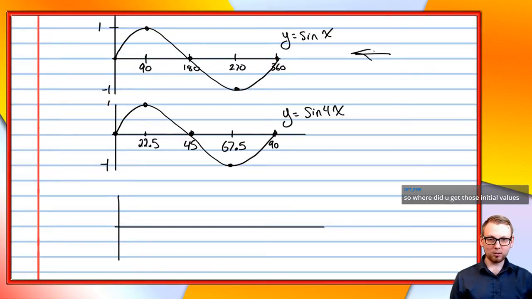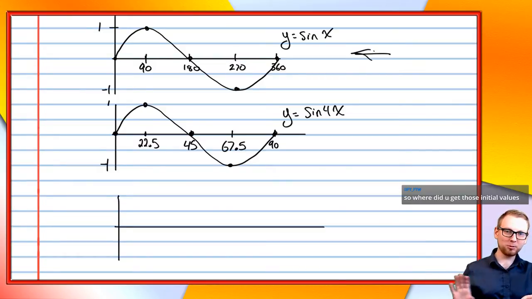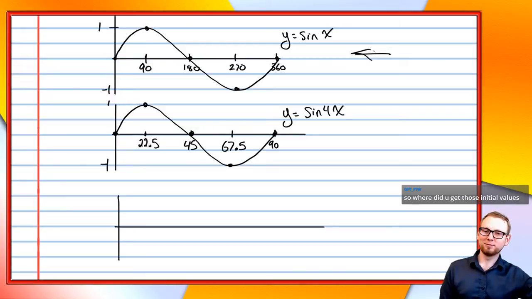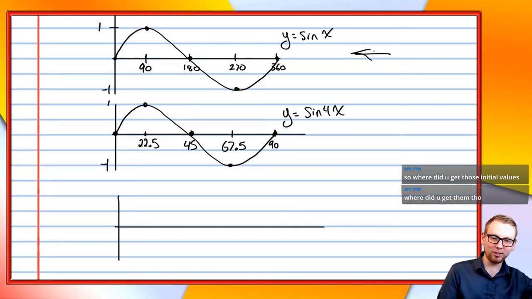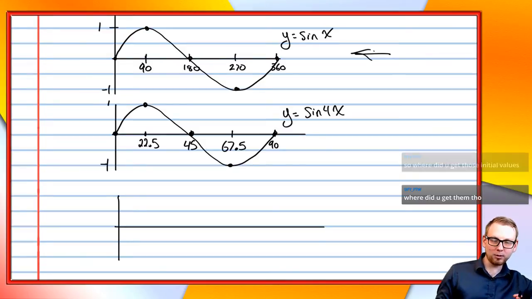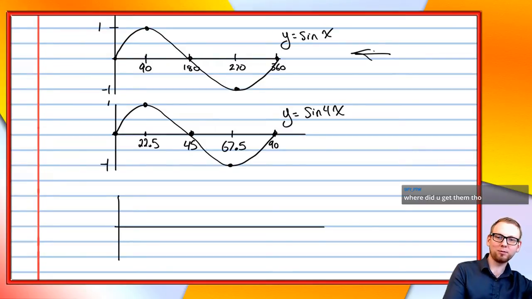These are the initial values of sine. They are just the 100%, the absolute values. If you plug a sine of 90 degrees in your calculator, you will get 1. If you plug in sine of 180 degrees, you will get 0. That's literally the values. Type them into your calculator, you'll see.